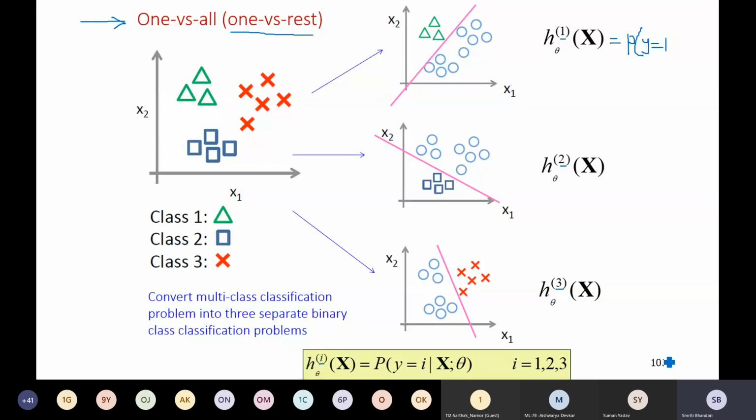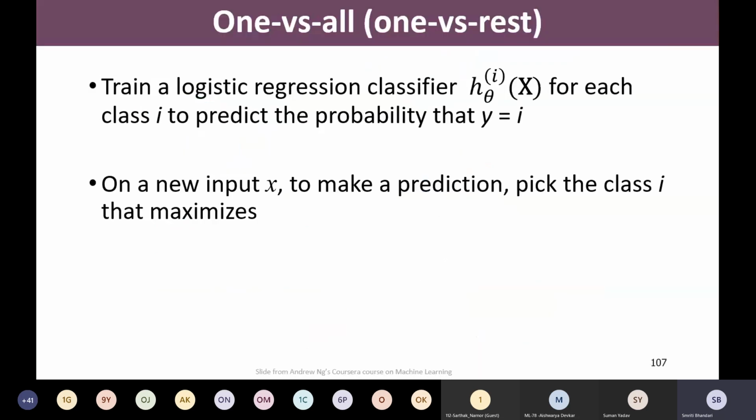Now once we have got all those hypothesis values, those are nothing but the probabilities. Simply what we are going to do next is predict the class of the sample as class i if that h theta xi is maximum.